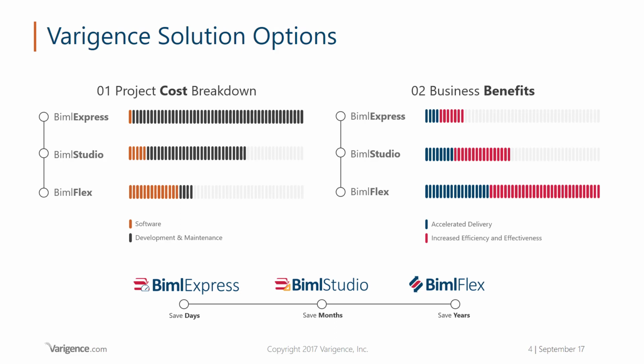You're just going to have to write all that code and figure out how it works. We've spent months and years building BimlFlex, but you can totally do it using BimlExpress if you're up for the challenge. You can do it also in Biml Studio, which is what we've used to develop BimlFlex. Again, the tooling is more advanced than the BimlExpress version, but you can totally build everything we've built today.